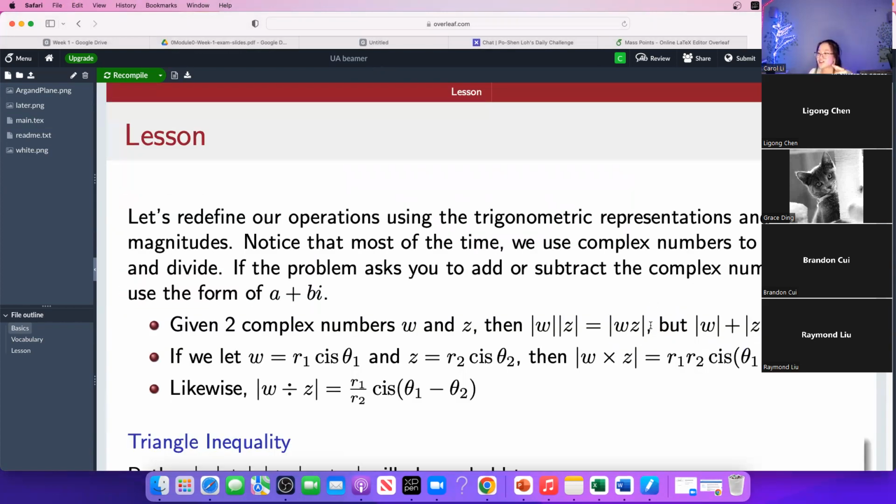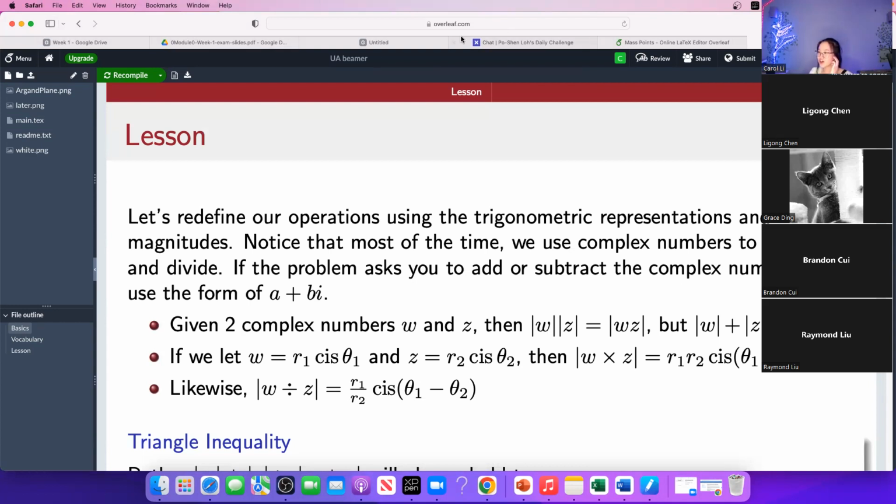Now we're going to go to the actual teaching part. If you guys think I'm too fast, I will slow down, but this part gets really fast. Let's redefine: earlier I told you addition, subtraction, multiplication, division using a plus bi. Now we're going to substitute in that a equals r cosine theta and b equals r sine theta.